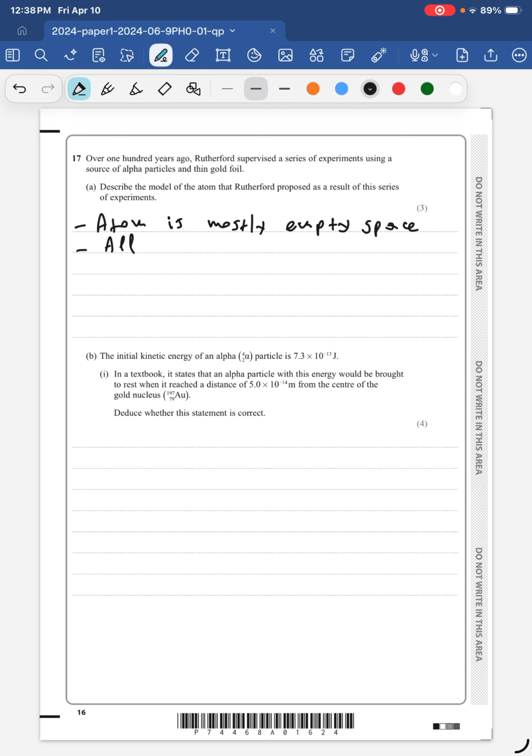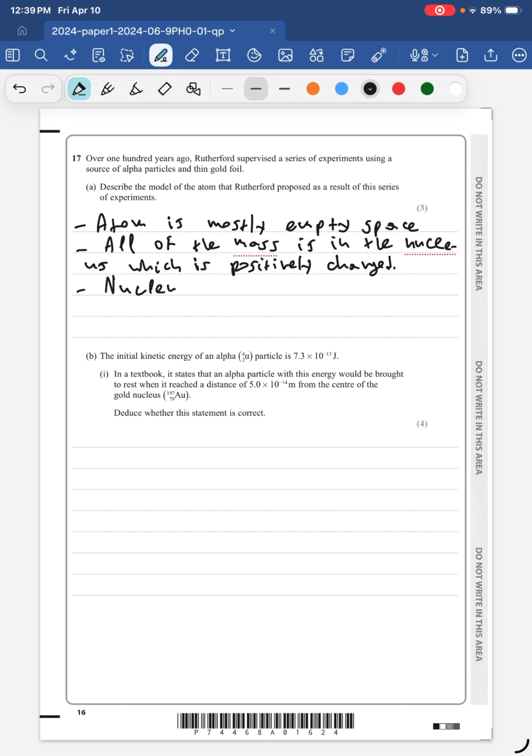So all of the mass, or almost all of the mass, is in the nucleus, which is positively charged. And the nucleus is small compared to the atom.